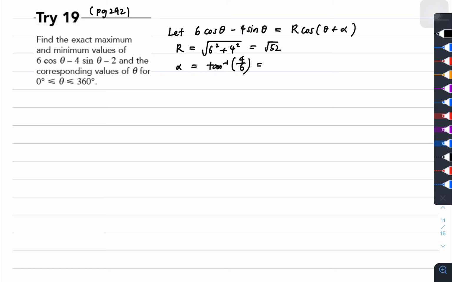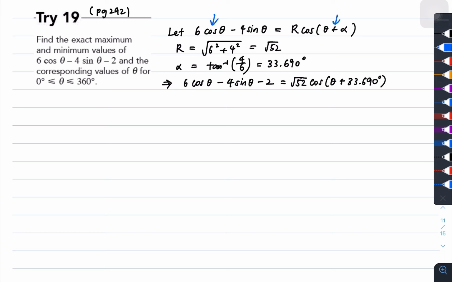My calculator gives me 33.690 degrees. Because of that, 6 cos theta minus 4 sin theta, and then I need the minus 2, so minus 2 is going to be equal to root 52 cos of theta plus the angle that I found, 33.690. So take note, when you have a cosine, you need to flip this sign.